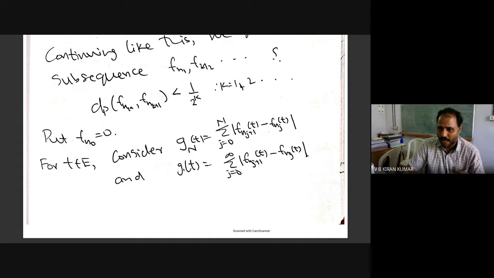My ultimate aim is to prove that this series is absolutely summable. For that, I prove that this G is in Lp. If I prove that G is in Lp, then definitely this G should be finite almost everywhere.